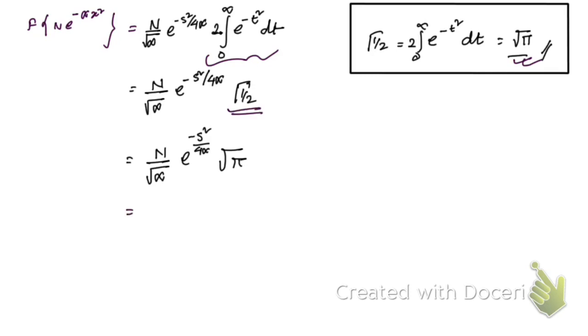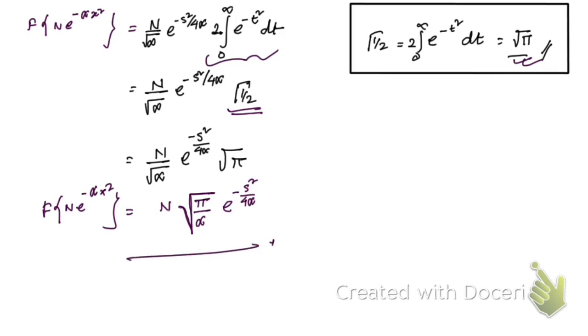So we can write this one in this way, n into root of pi by alpha, e to the power minus s square by 4 alpha. So this is the Fourier transformation of n e to the power minus alpha x square. So this is the answer. So hope you have understood.